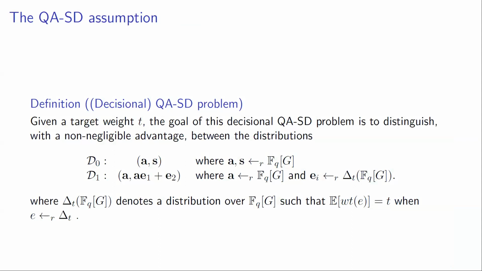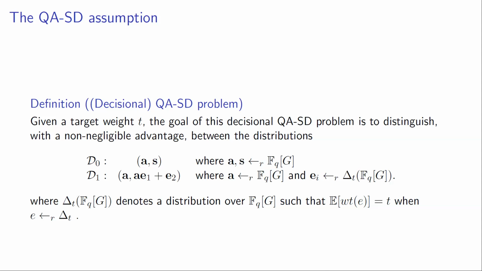So now I can define the Quasi-Abelian syndrome decoding assumption, which comes in the standard flavors of syndrome decoding assumptions. You have a target weight T, and you say that it is hard to distinguish between two distributions, D0 and D1, where D0 is two random elements of FQG, and D1 is a random element H paired with H E1 plus E2, where the Ei are random elements, but with the target weight.